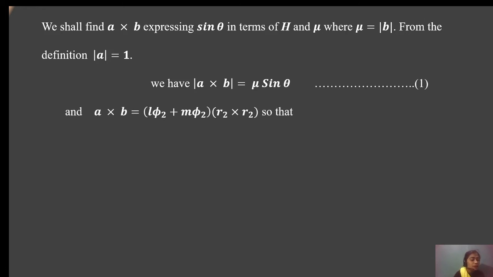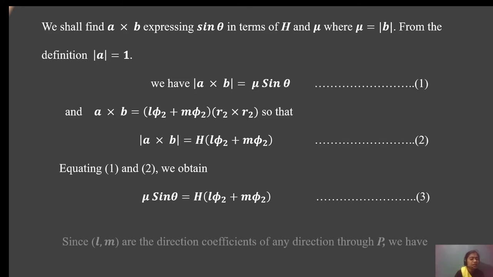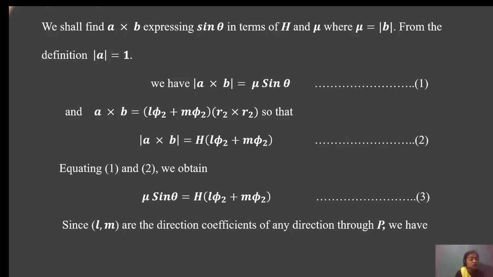Then A cross B, considering L phi 1 plus M phi 2 R1 cross R2, so that mod of A cross B is generated in the form H times L phi 1 plus M phi 2. Then equations first and second give mu sin theta equals H times L phi 1 plus M phi 2.